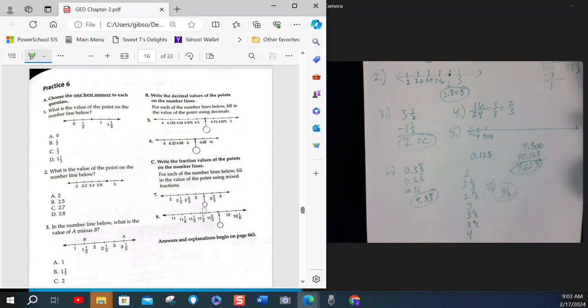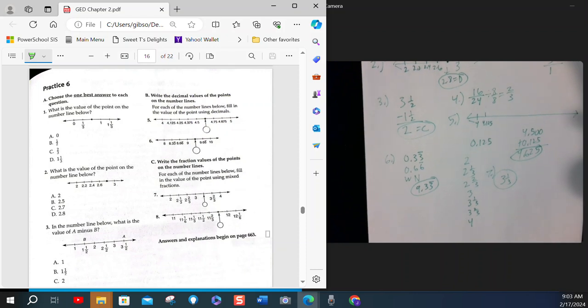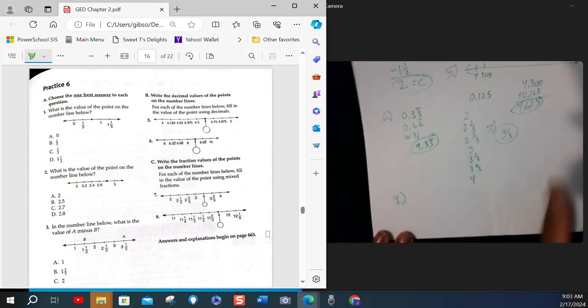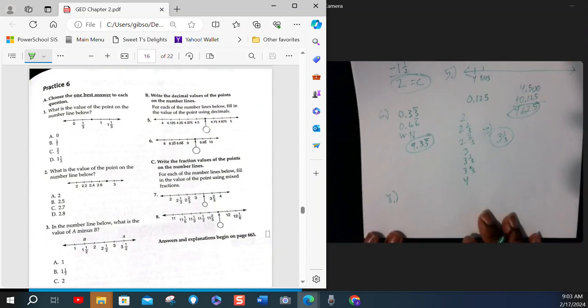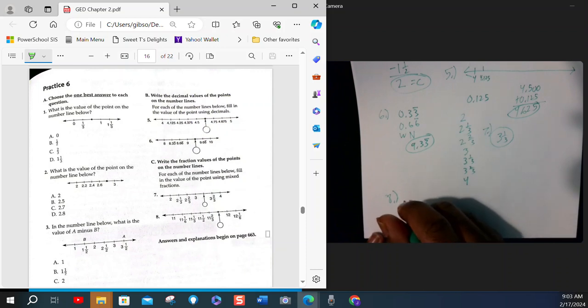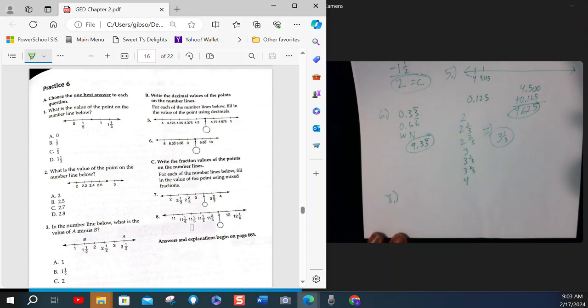Now number 8. If you notice here, we go 11, then we have 1/6, 1/3, 1/2, 2/3. Now, let me show you how this goes. We had quite a lively debate on this in class. Okay, so if we're noticing here, we should be going up by 1/6.